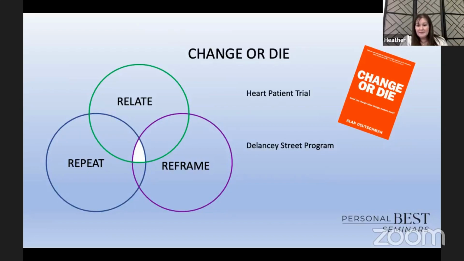In this program, just shy of 70% were successful, whereas before the trial about 80% reoffended and didn't create lasting success once they got out. So it's another example of him applying these principles to create change.